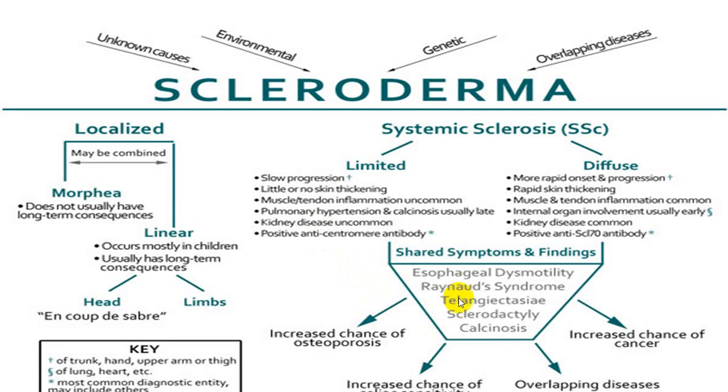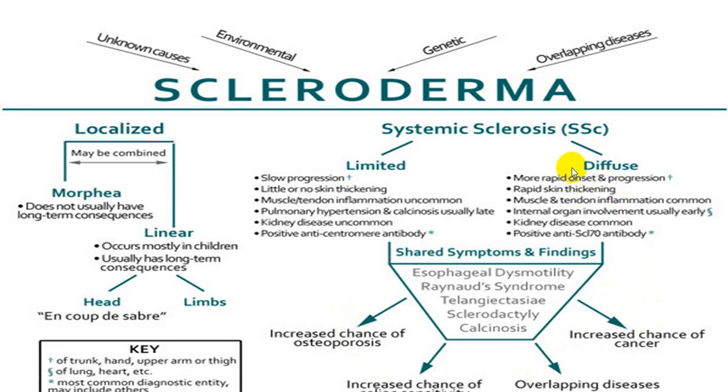So this is very, very common. In this particular, there is increased chance of osteoporosis, increased chance of celiac sensitivity. There may be overlapping syndrome like Sjogren, SLE, polymyositis, RA, etc. And there is an increased chance of cancer also.